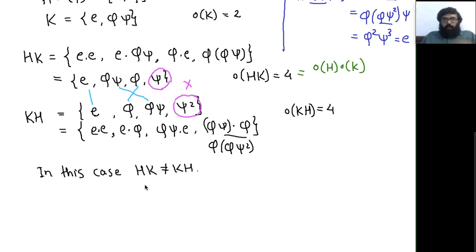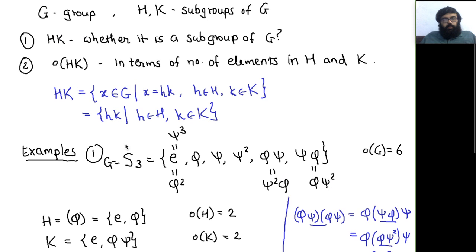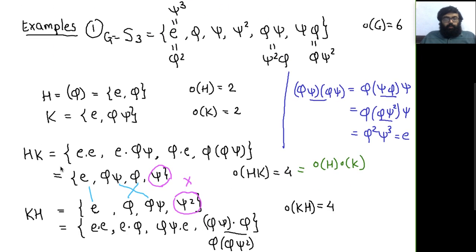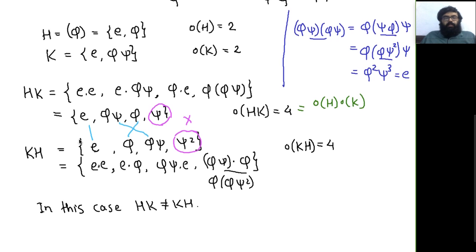And what was our first question? First, whether HK is a subgroup or not. Can you say it's a subgroup? In HK, identity is there, phi psi is there, phi square is there, and phi square is identity. What about psi? If psi is there, then psi square also must be there.